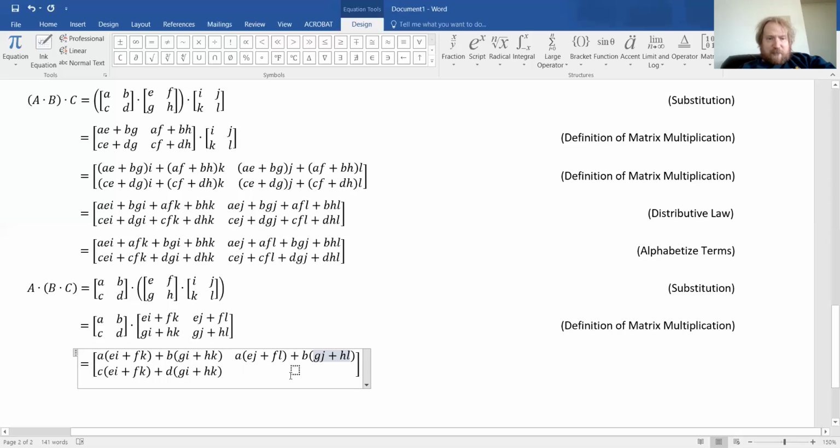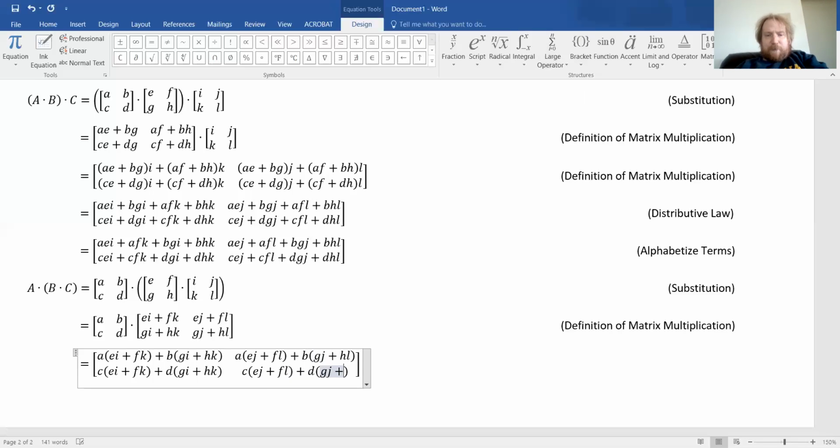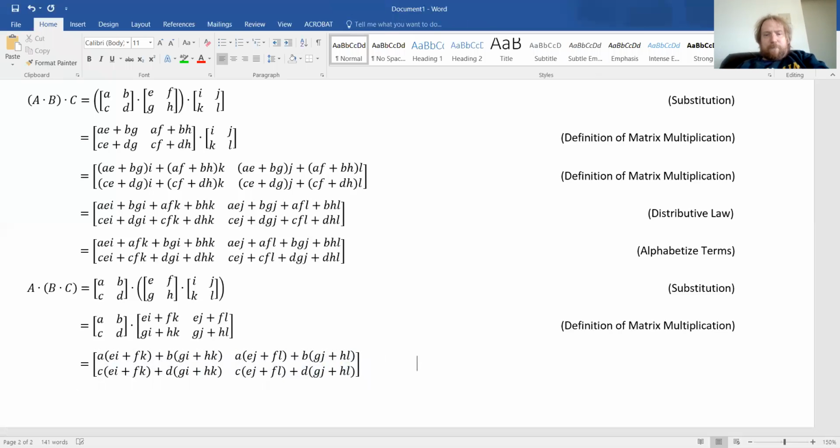And then I get C times the quantity EJ plus FL plus D times the quantity GJ plus HL. Now let's distribute these.